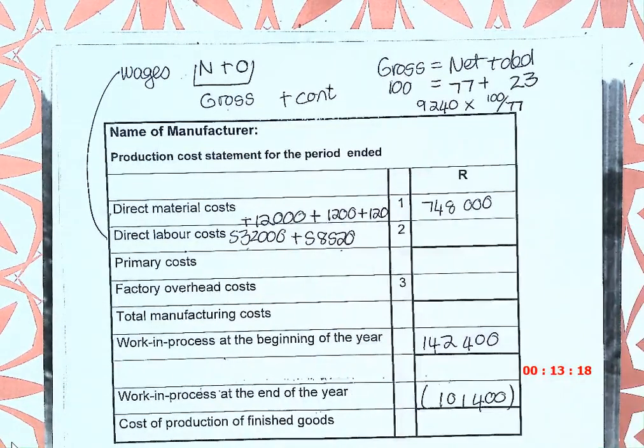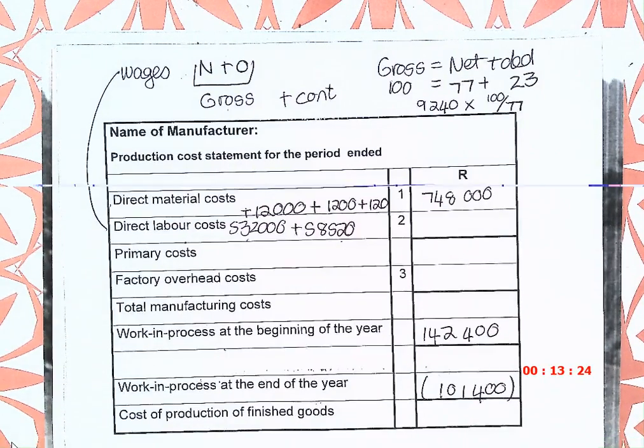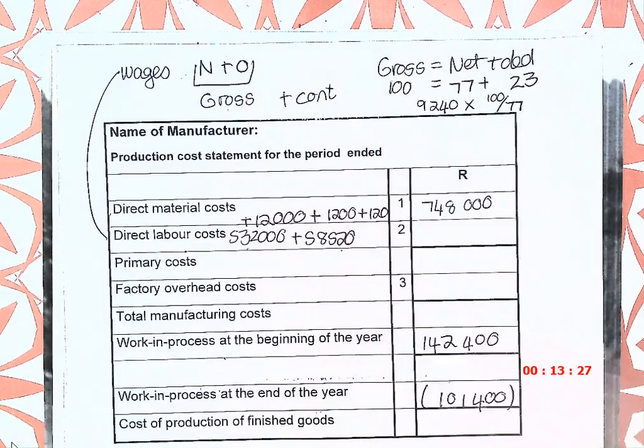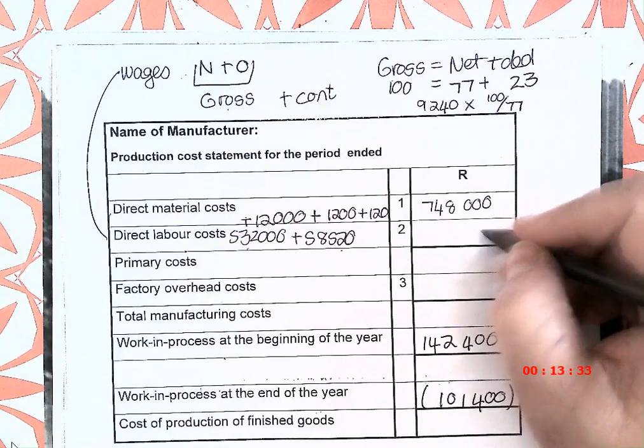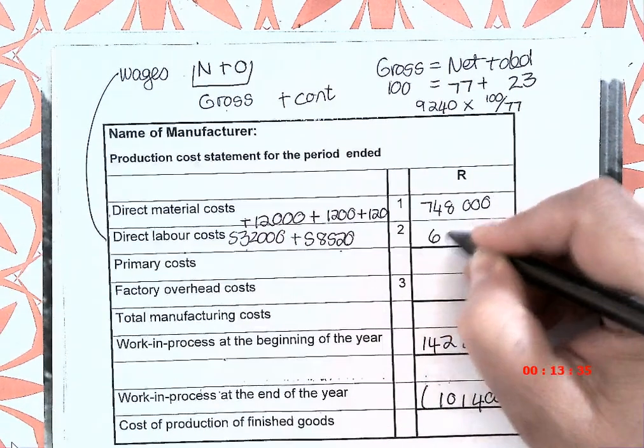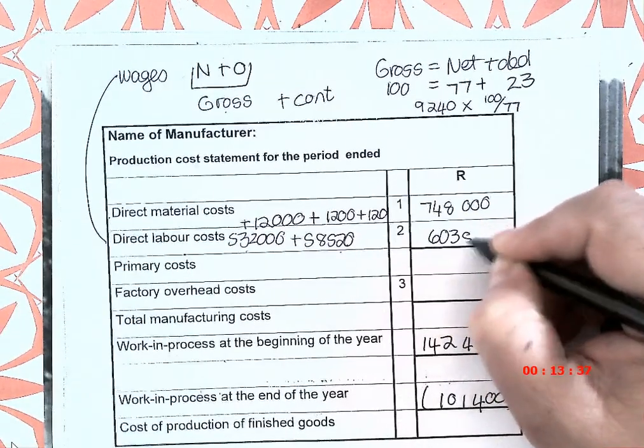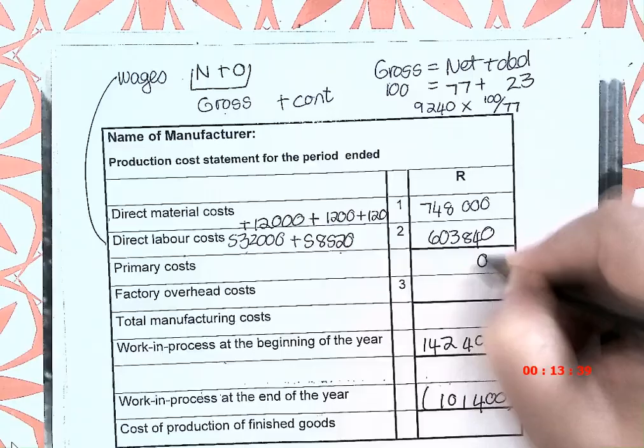You could have said 11%, 10 plus 1, and then it would have been 1,320. So my labor adds up to 603,840. And then I total for primary.